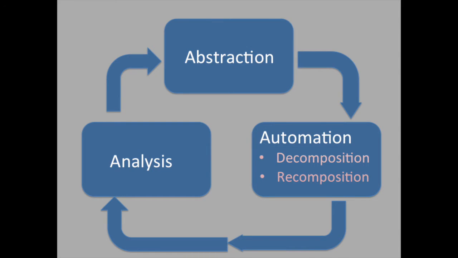Once we've done that, we can go into analysis. That is, we look at the results of our automation and its implementation, and based on that, we can go back and perhaps refine our abstraction, refine our automation, analyze again, and continue until we have a solution that we like.